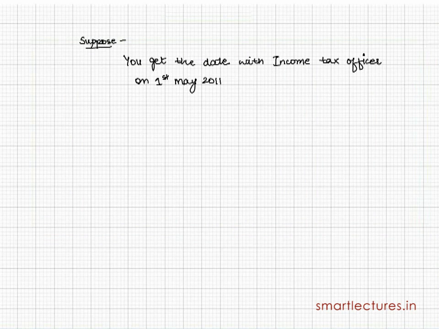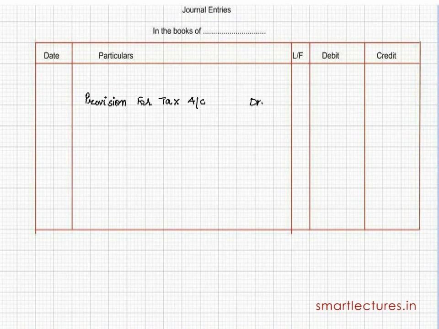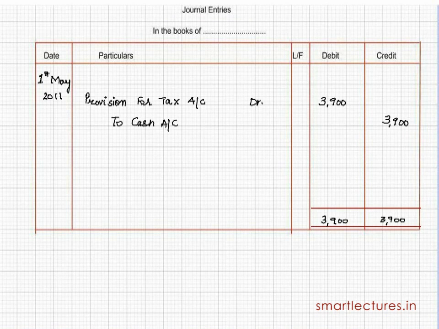He will study your books. Suppose the income tax is settled by both parties at rupees 3,900. However, your estimate was 4,000, but the income tax officer is satisfied at rupees 3,900. So you will have to pay tax of 3,900. So the journal entry will be: provision for tax account debit to cash 3,900.